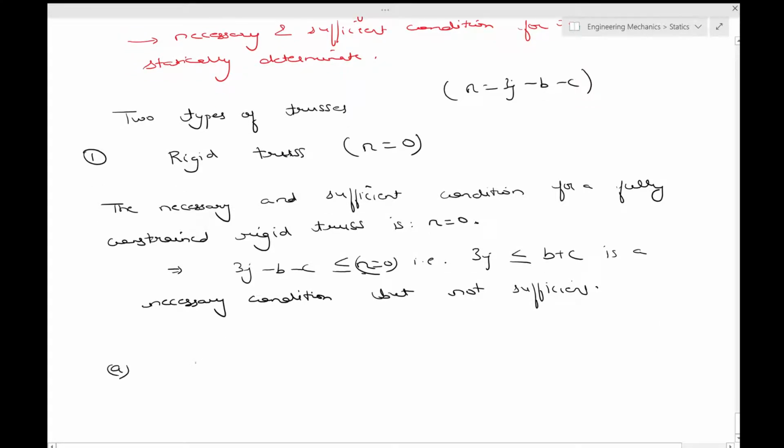So you can have, based on this, an over rigid truss, and b plus c is greater than 3j.